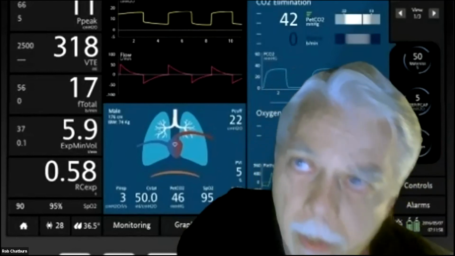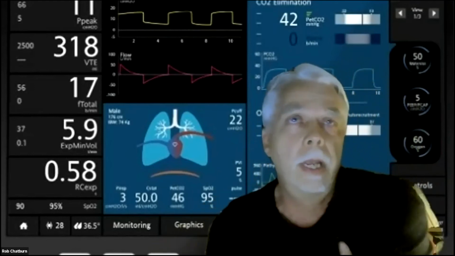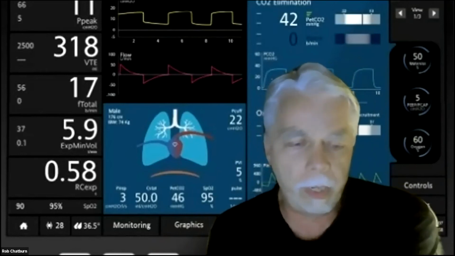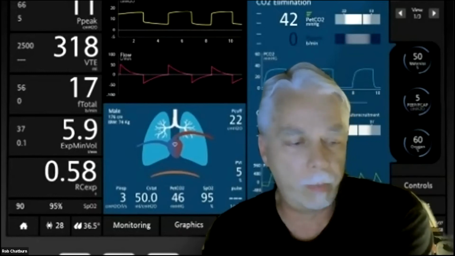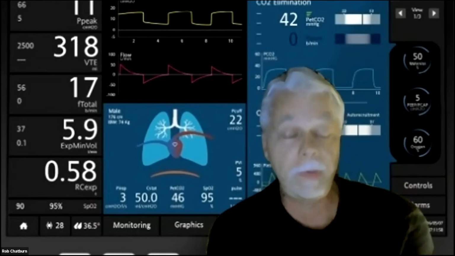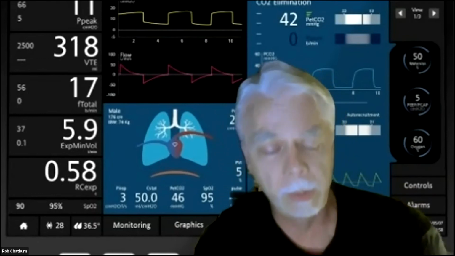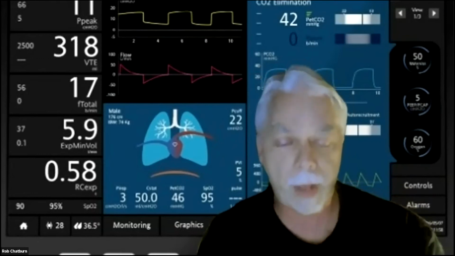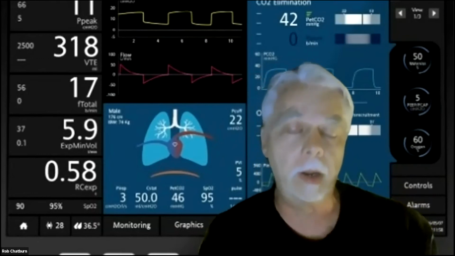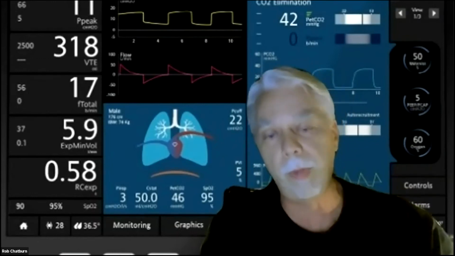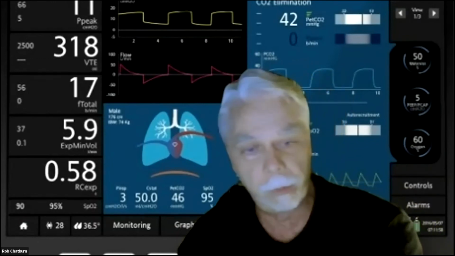Now, I will also tell you that in the works, Ingmar Medical has been working with a company called Kitware and a guy named Jeff Weber, who has created a physiology simulator. It's a free physiology simulator, and he can program it to have all kinds of outputs for all kinds of inputs. It also has a virtual ventilator built into it. So you can set the virtual ventilator in the simulator and get blood gases, for example.